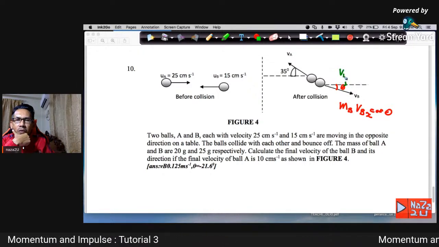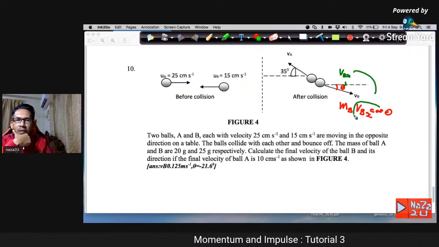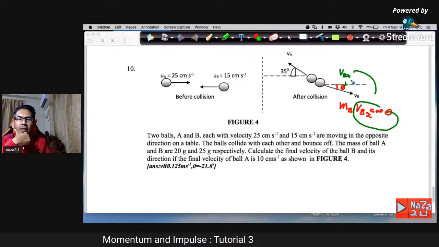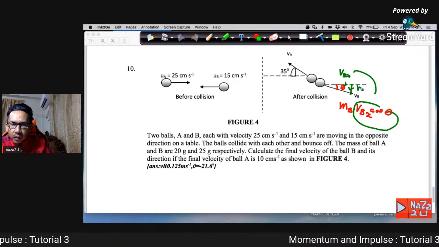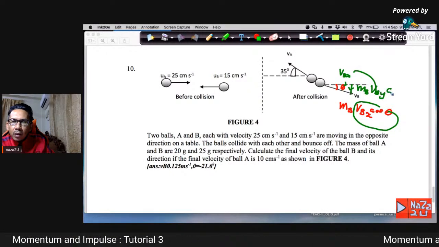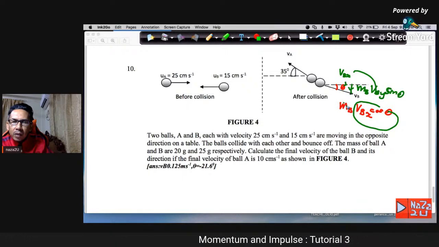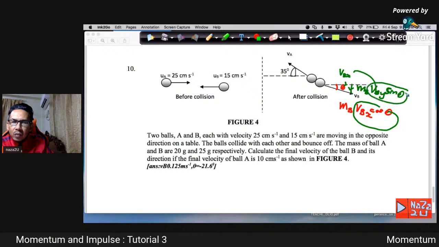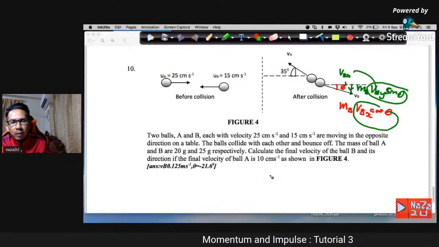Kita nak cari sini VBX. Mana VBX ni sudah termasuk dengan dia punya cos theta teruslah. Terus kita dapat because VBX kan. Sama juga dengan sini VBY. Ya, ada MB VBY sin theta. Tapi kita anggap VBY kat sini tu sudah termasuk kat sini lah. Because kita nak cari VBY saja, itu maksud dia.